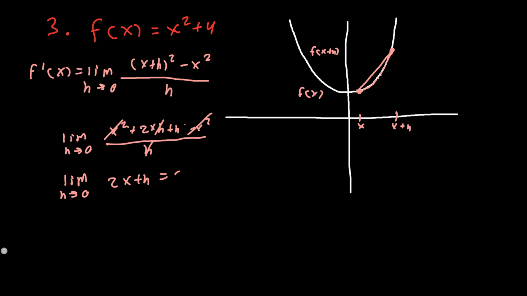And if h is 0, then we get 2x, which is telling us that our derivative is simply 2x, meaning that our slope is always going to have a factor of 2.